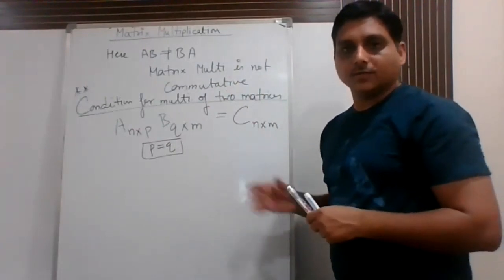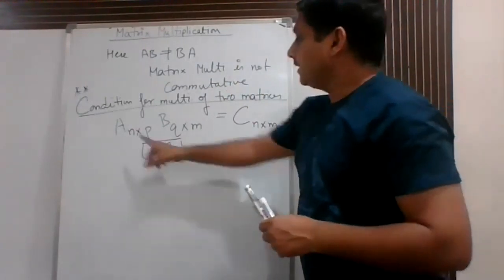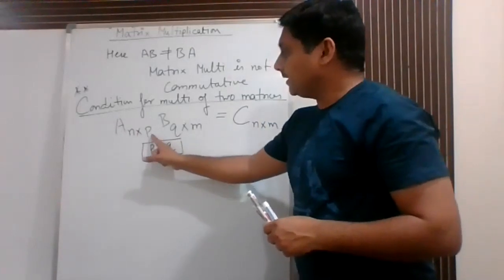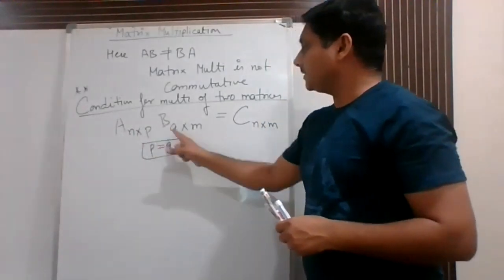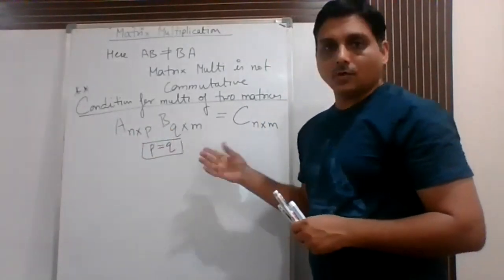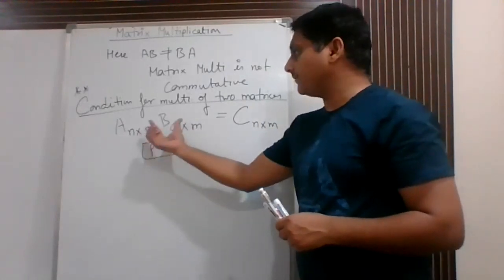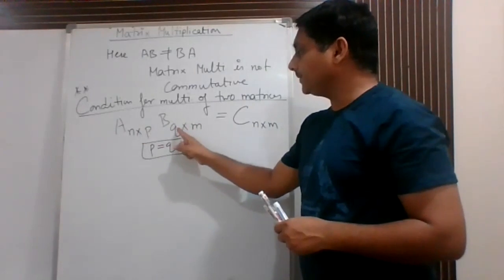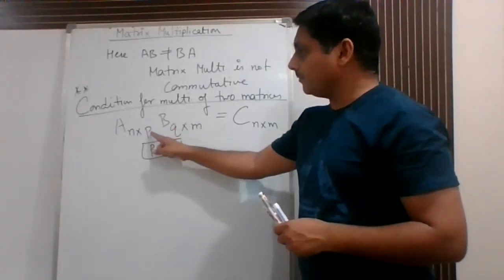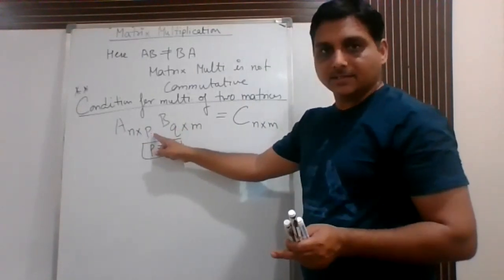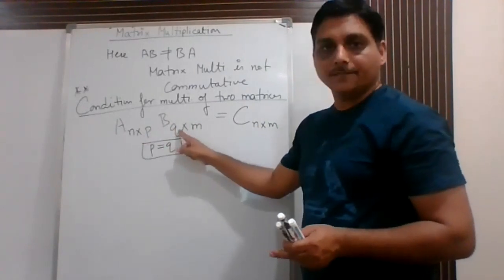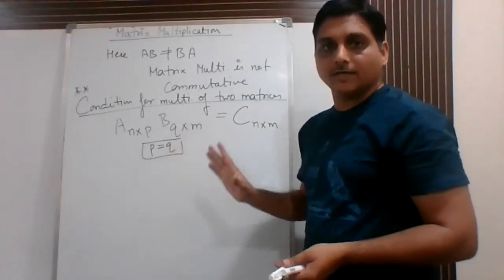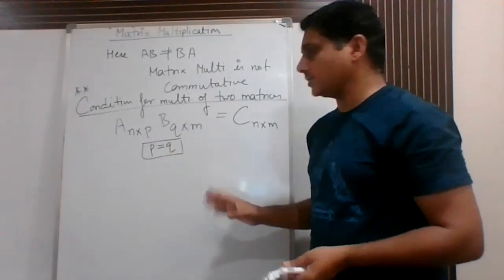So let me explain you this once again. A is n cross P, B's order is Q cross n. Now what we are saying, matrix multiplication is well defined only in the case when this P should be equal to Q. So that means number of columns of the first matrix should be equal to the number of rows of the second matrix, then only we can perform matrix multiplication.